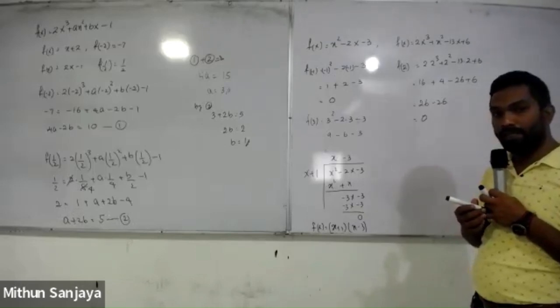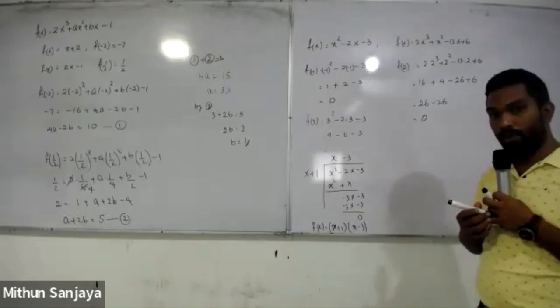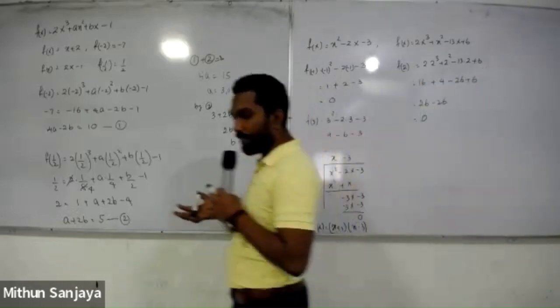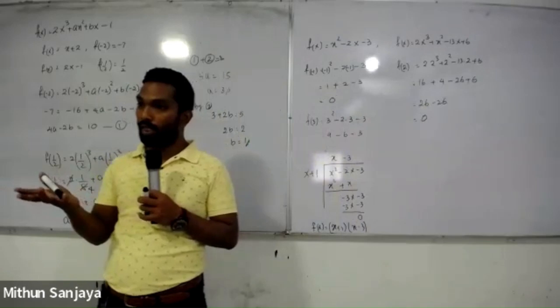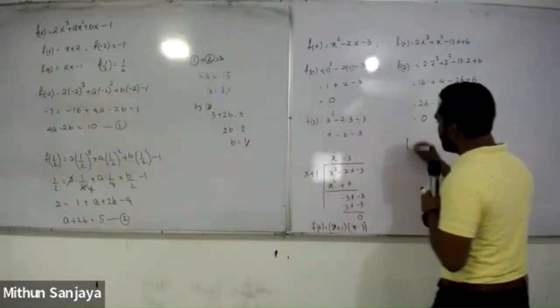That is the reason x minus 2 needs to be a factor. Because if we divide by a factor, the remainder will be 0; otherwise it may not be. Let's see what happens.